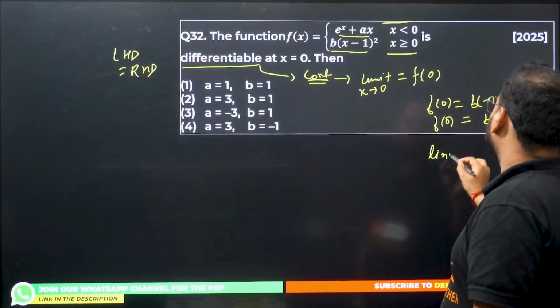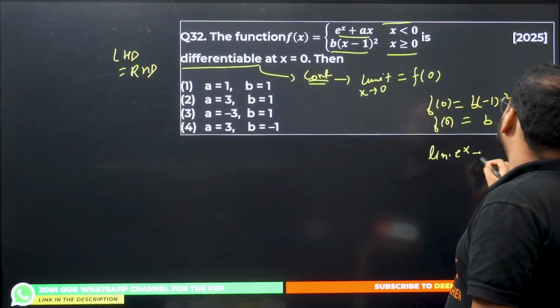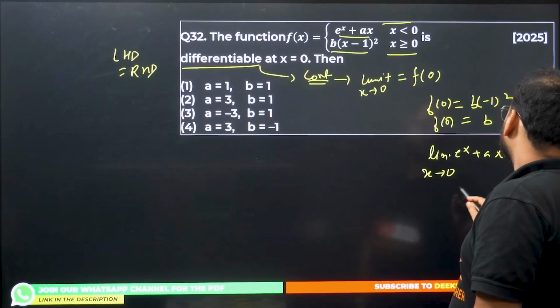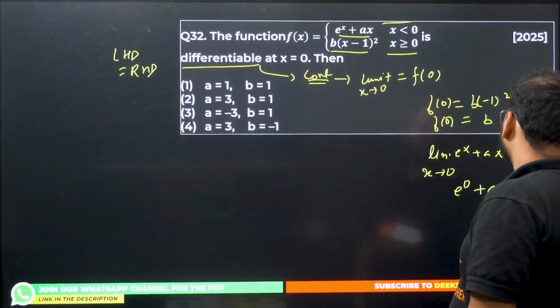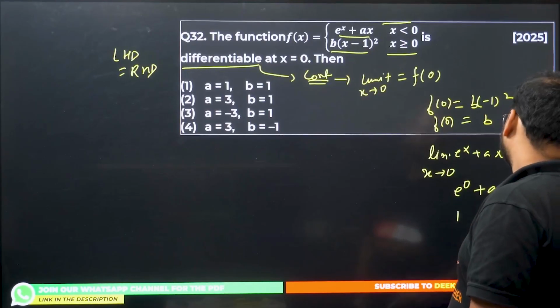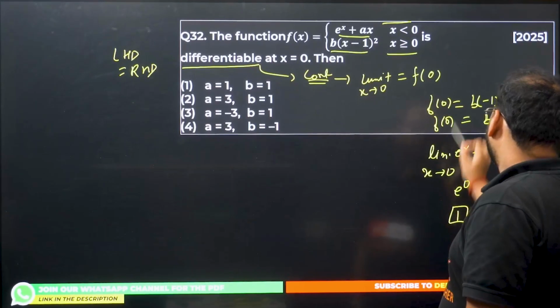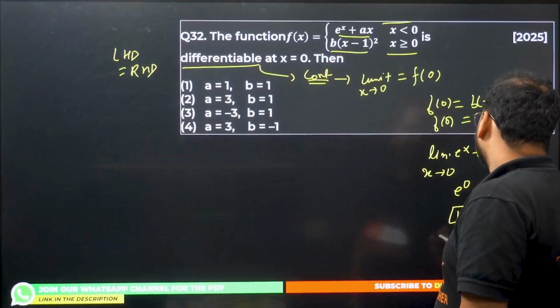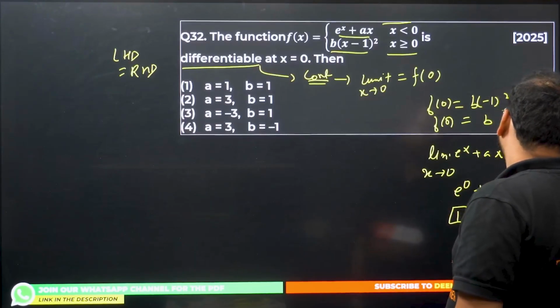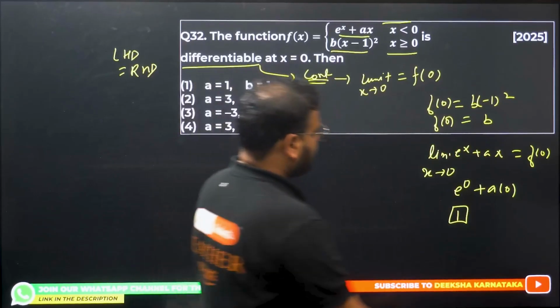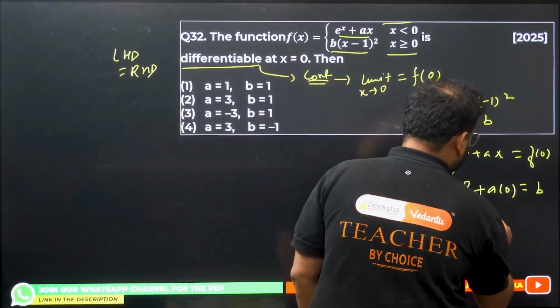The limit of this part, e^x + ax, when you take x tends to 0, you get e^0 + a times 0. What do I get? 1. So I'm getting 1 as my limit value. Put them equal. This limit is equal to f(0). It means 1 is equal to b.